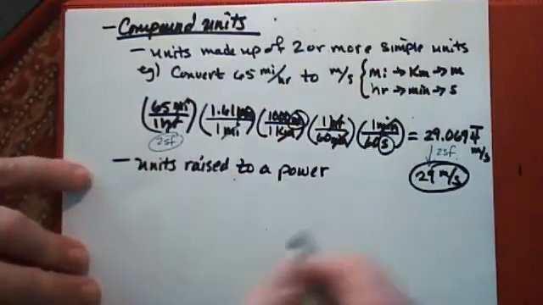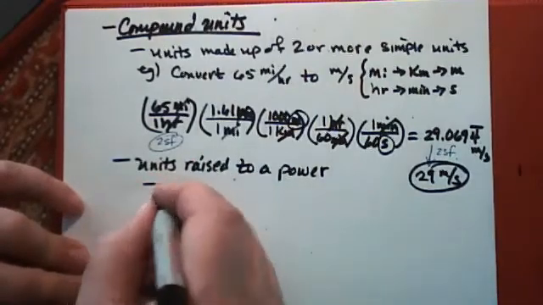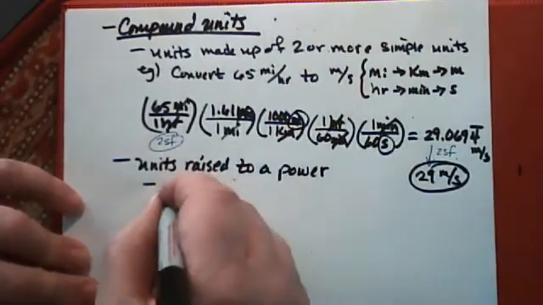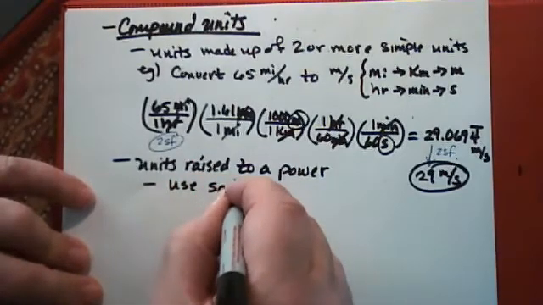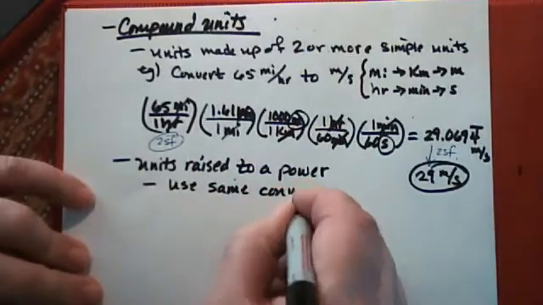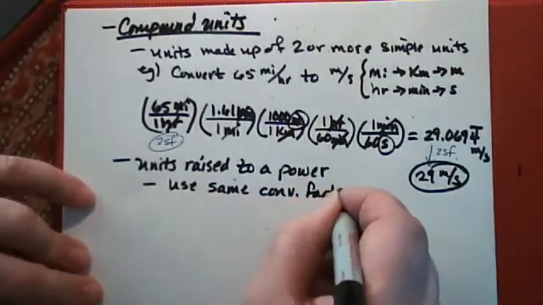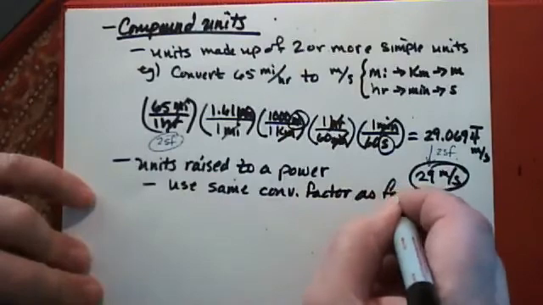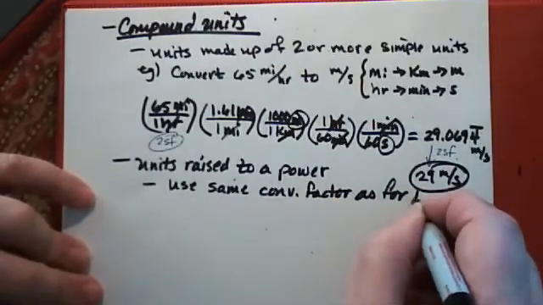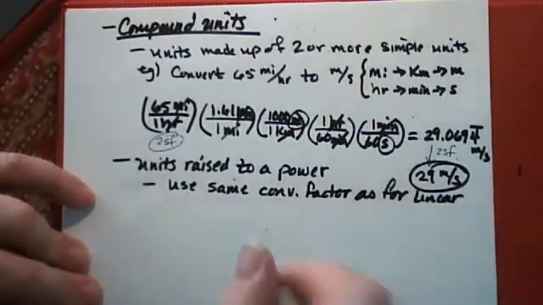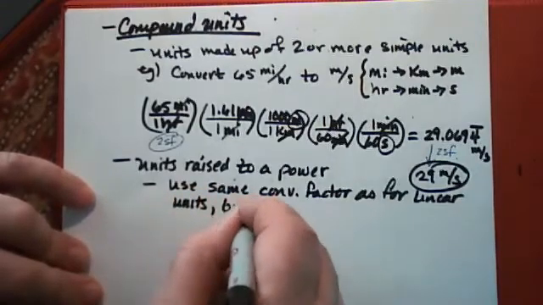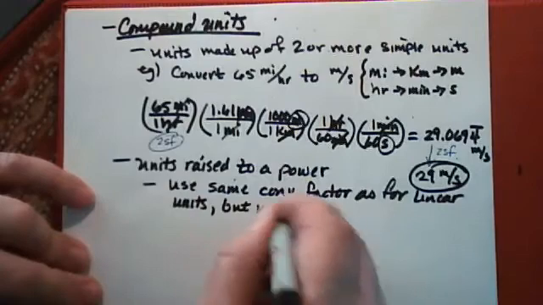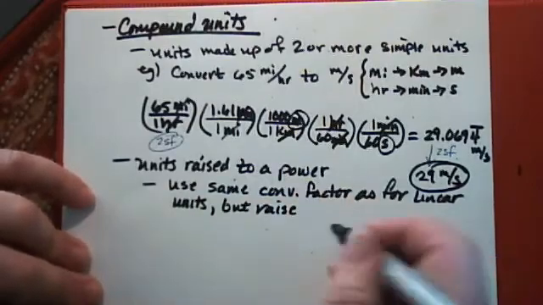Okay, units raised to a power are another thing that you have to know how to deal with. For those, you just normally use the same conversion factors as for the one-dimensional units. But you raise the conversion factor to the same power.